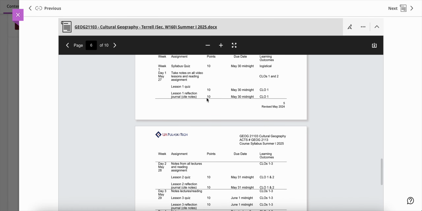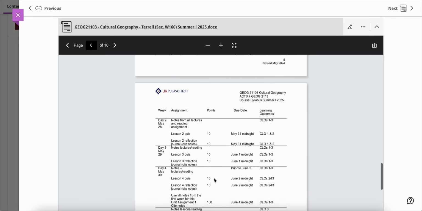So even when you're taking notes on the lessons that are required or the reading assignment, I am telling you here on this schedule that the notes and the video lessons and the reading assignment in the first weekly folder, or the first lesson folder, go along with CLOs 1 and 2 for the class. And therefore, your quiz and your reflection journal also measure CLO 1 and 2, as you can see as it's listed here. Okay, so please go through and look at all of that.